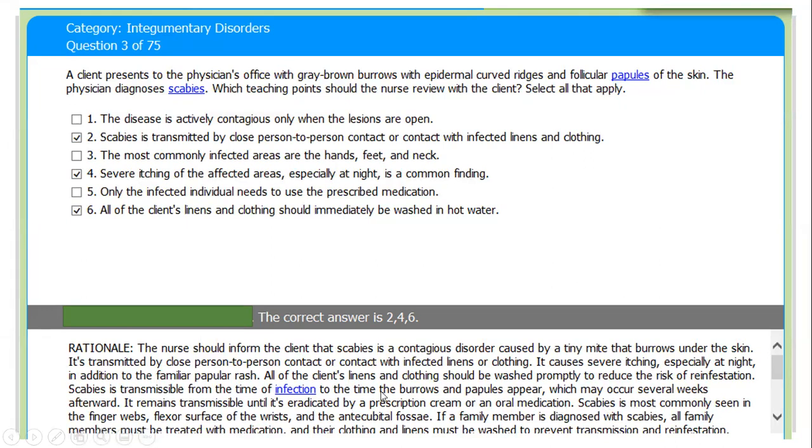Scabies is most commonly seen in the finger webs, the flexor surface of the wrist, and also the antecubital fossae. If a family member is diagnosed with scabies, all family members must be treated with medication, and their clothes and linen must be washed to prevent transmission and reinfestation.